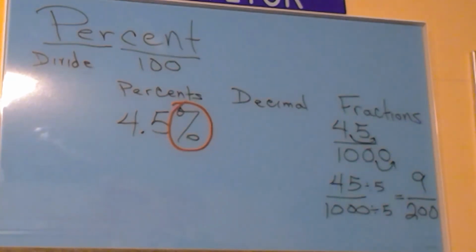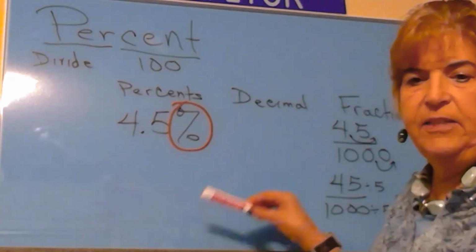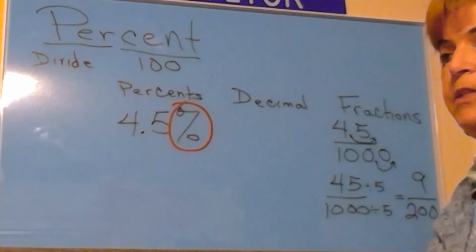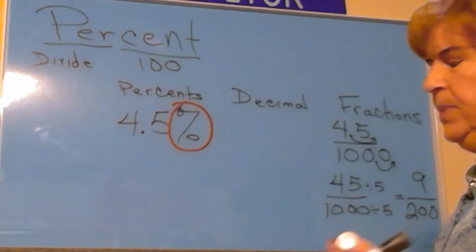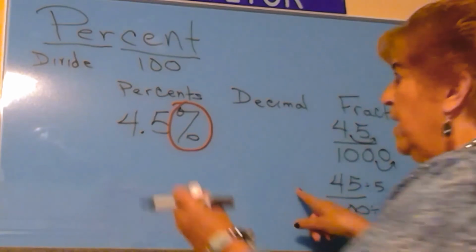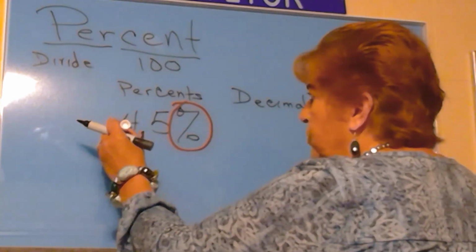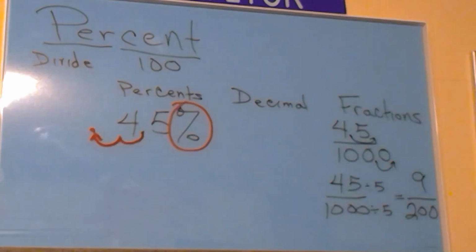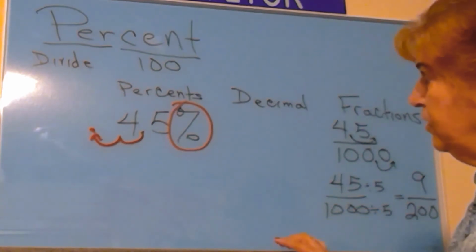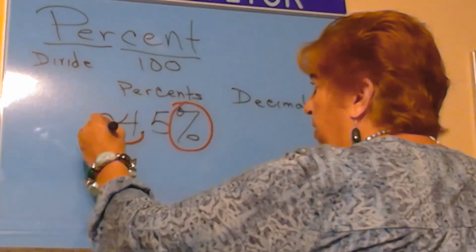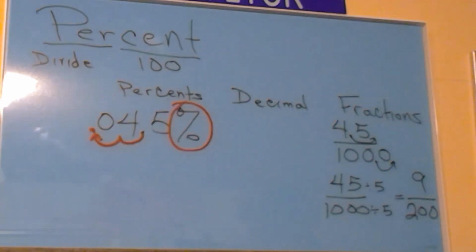To change it to a decimal, I say that for last because that is the easiest thing to do. Remember, the decimal place is 2 decimals over, is hundredths place. So you move the decimal point 2 places. Well, I can't just leave a space there. Okay, that still looks like 0.45. In order to move it 2 places, if there are 2 places, you have to add a 0.